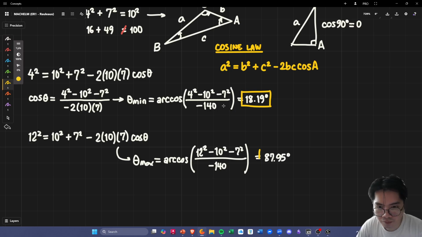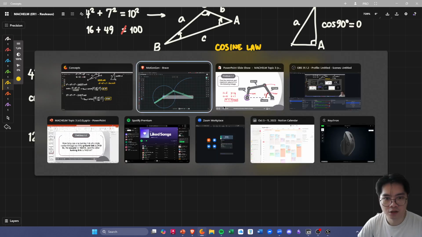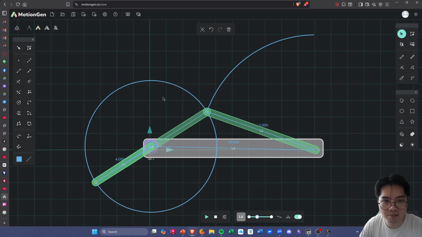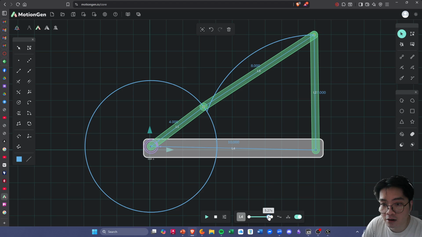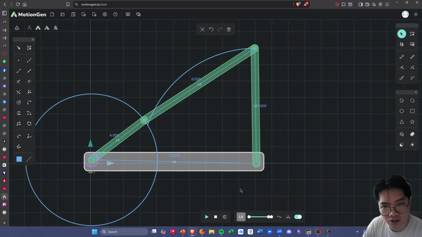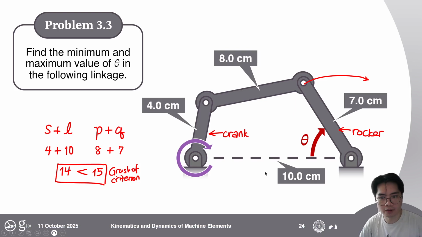Okay, so that is how we get the minimum and the maximum values. So in this case, we are looking at somewhere like 18 degrees, and in here, it does seem like a right angle, now that I look at it. Almost like a right angle, 87 degrees. Okay, so that's how we get the minimum and maximum values.